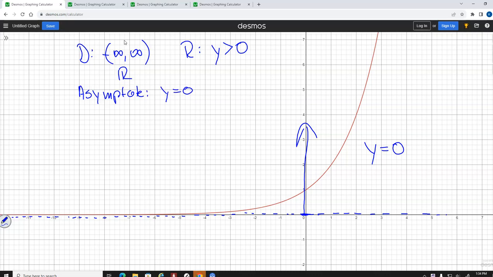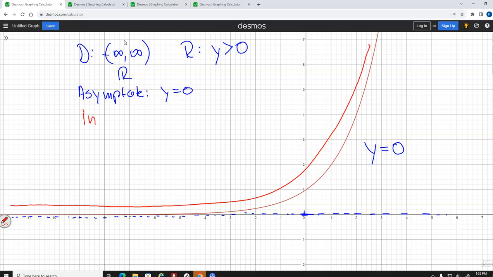Now the next one is increase or decrease. All right, this function is going to have either or. We're always looking from left to right when we're talking about increase and decrease. So looking from left to right, our function is increasing. We do not have a decreasing function right here.